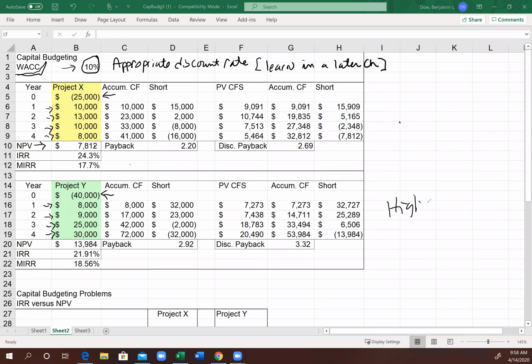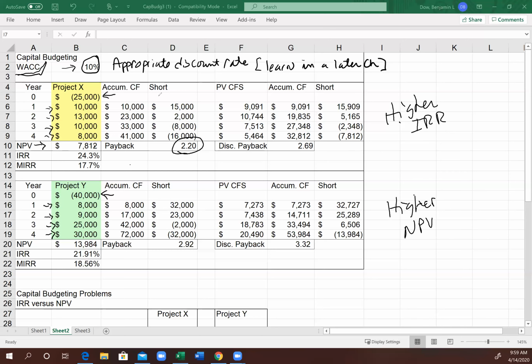All right, higher net present value, higher IRR. Notice some of the other things: look at project X's payback period. Remember, we spent $25,000 in year 0.